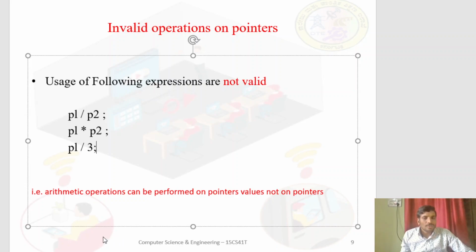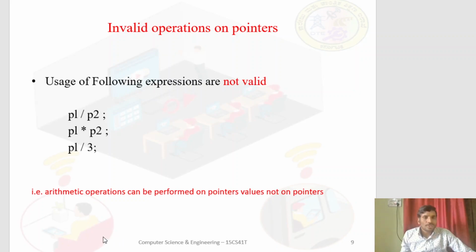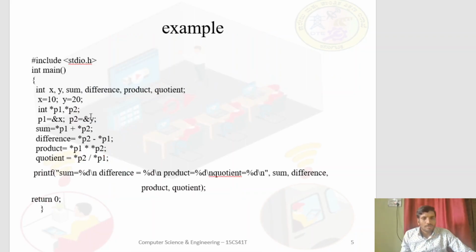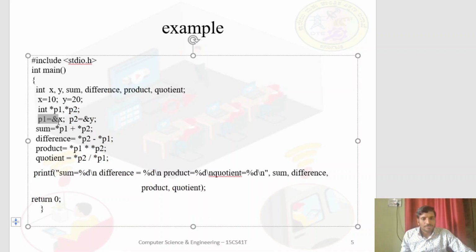So here, pointers means what? Memory addresses. Pointer values means what? The variable which is having the value. So in our example, we have seen it. For example, come back to the example. So here this is having the address of x, whereas star p1 is having the value of the variable, right? So we can perform the arithmetic operations on pointer values.